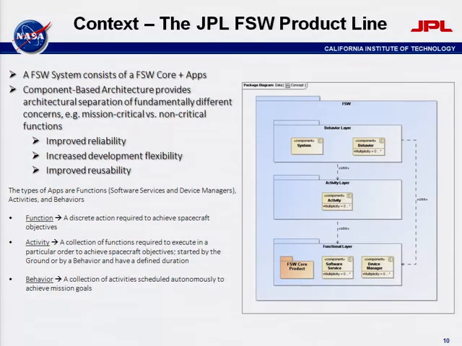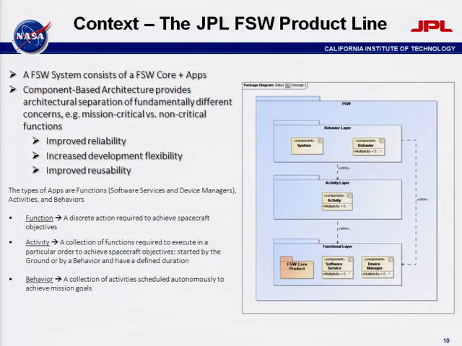You have a flight software core, and then you have apps that you can plug into that core based on the standard API and interfaces provided by the core product. This is a component-based architecture that provides architectural separation of fundamentally different concerns, so mission-critical versus non-critical functions.